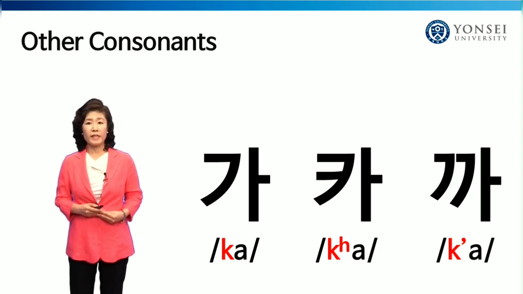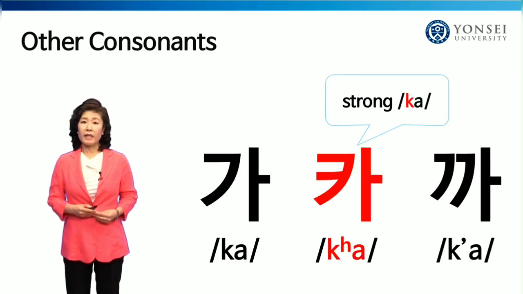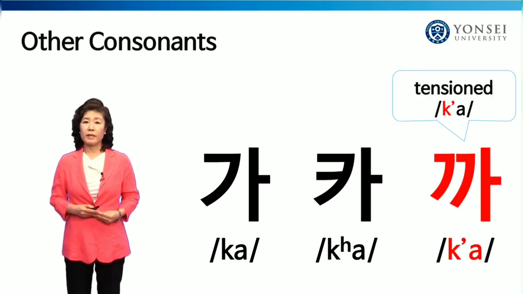Okay, let's go over these letters. A simple sound 기역, soft K, is combined with the vowel A, ka. Ka is a strong aspirated sound, ka. Ga is not aspirated but has much tension, ga.